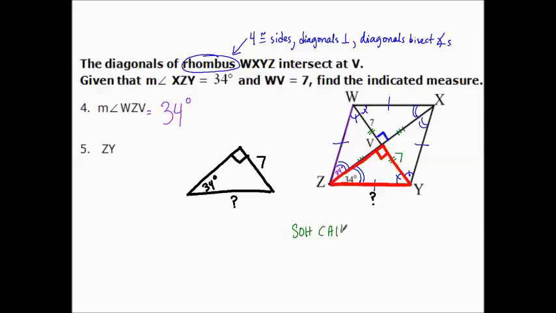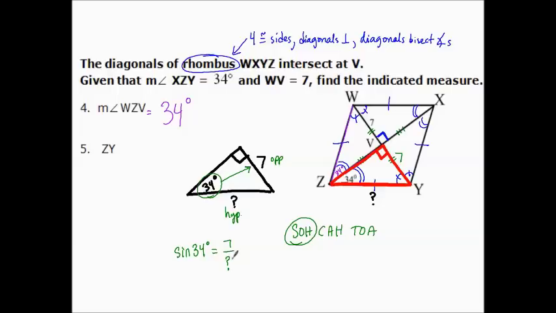Why SOHCAHTOA? Because I have an angle, and opposite from that angle, I have a side. What's this side called? It's across from the right angle, so it's the hypotenuse. Opposite and hypotenuse, that's going to be sine. So I set up my equation. Sine of 34 degrees equals opposite 7 over hypotenuse question mark.